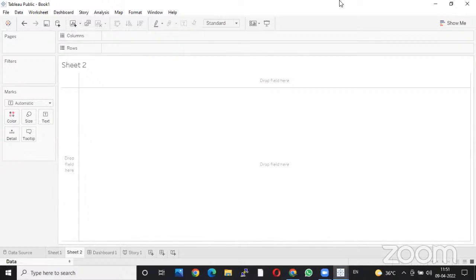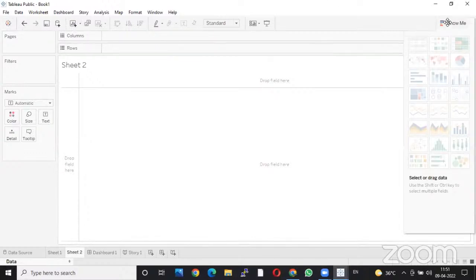Here we have this Show Me option. In this Show Me option, you can see the different types of charts that we can create, but the data should be of that type. For example, here we have a maps option. If you are using maps visualization, the data should be in geographical format.